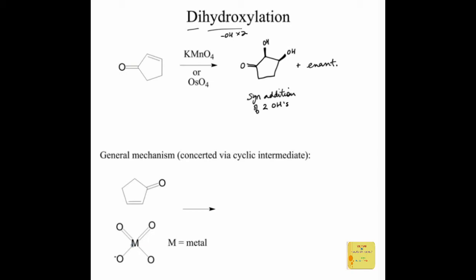So it's going to be another concerted mechanism. We're going to form this bond and this bond all in one step. So our mechanism looks something like this. We form a bond here, this pi bond moves, this pi bond moves, something like that. And because they're adding in the same step, the oxygens have to add to the same face.